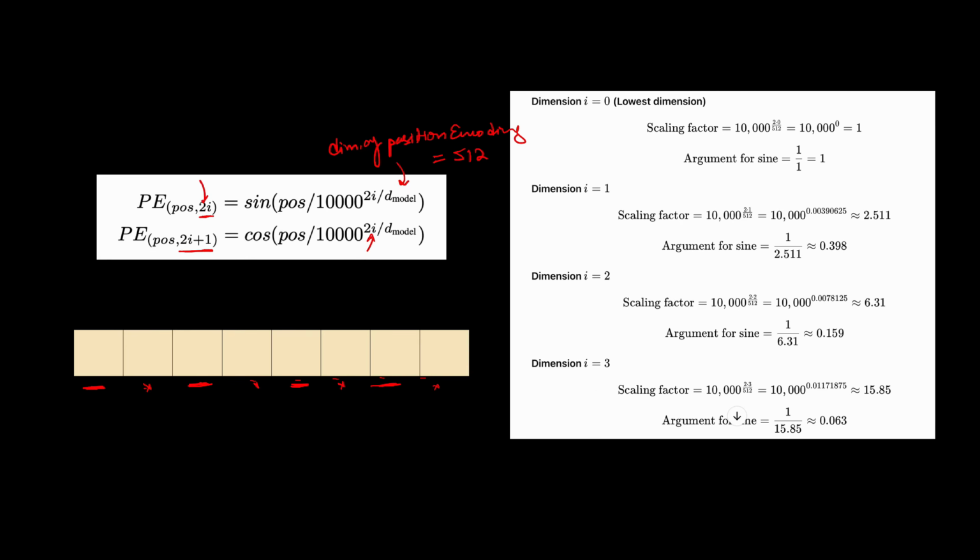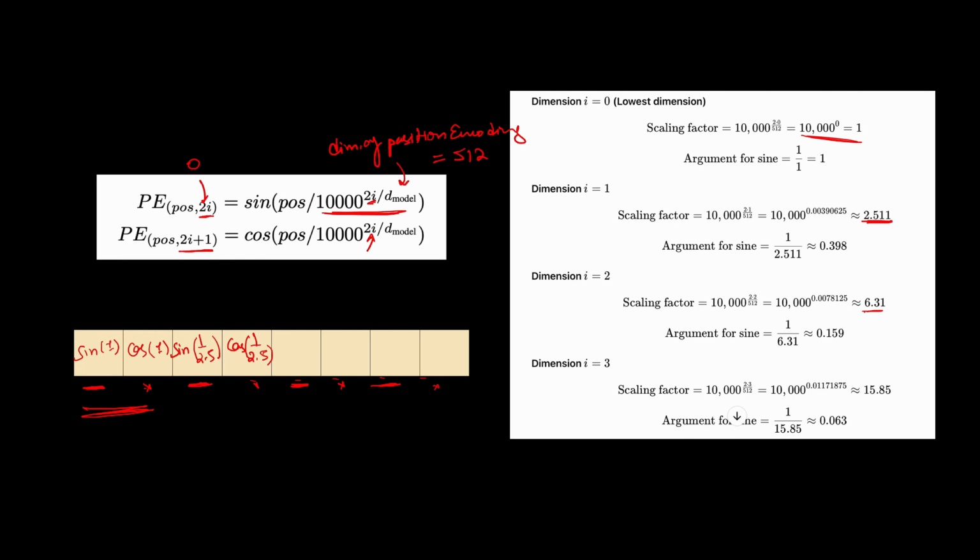So I will start from 0 and the first two positions will be populated by sine of 1 and cos of 1, because if i is 0, then this entire term will be equal to 1. The second pair will have a division by 2.5. So this will be obtained by sine of 1 by 2.5, and this will be cos of 1 by 2.5.